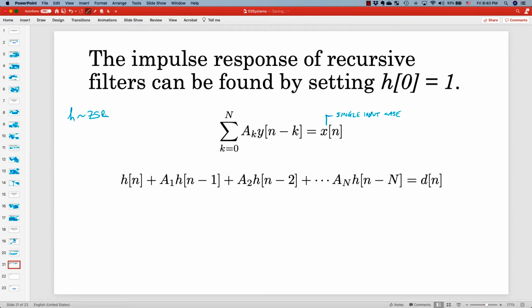Which means the first step would be to find the characteristic modes and then check for the forced modes. But what is the forcing function? The forcing function is the unit sample or the unit impulse. And there are no modes associated with this because the only time it does anything is at n equals 0. So there are no forced modes.